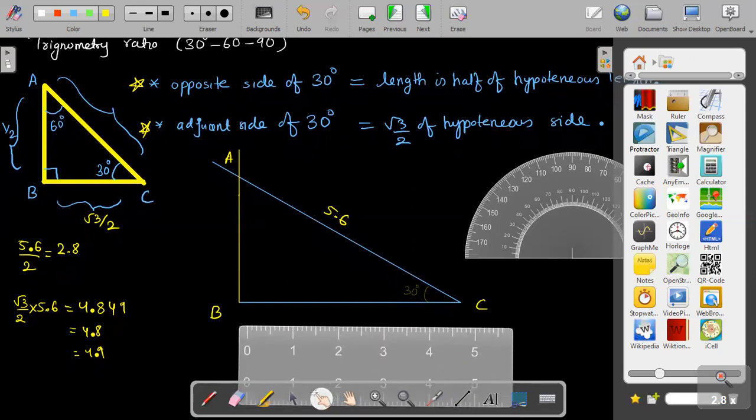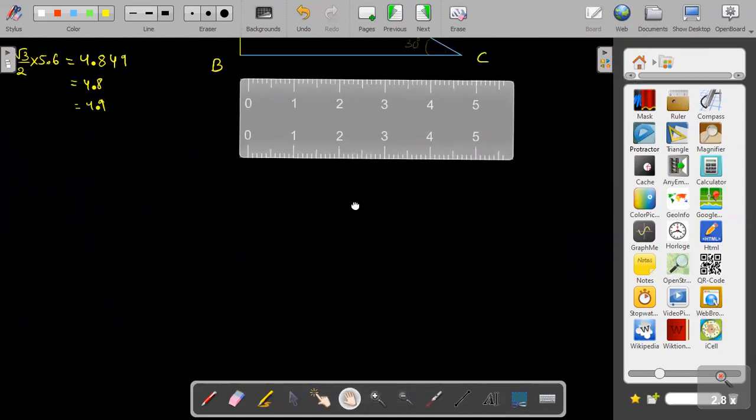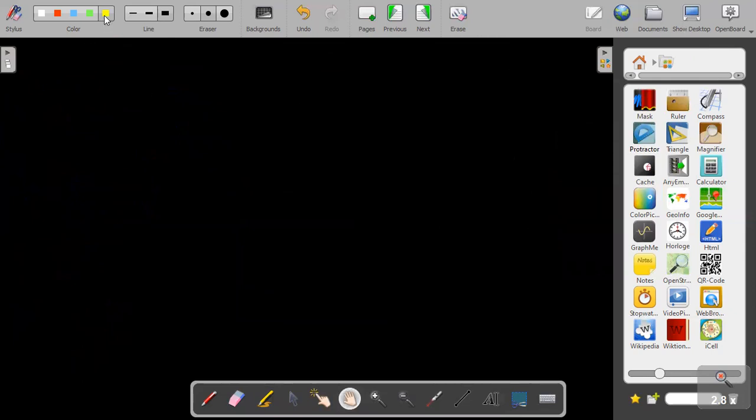दूसरे concept में here I am going to draw a triangle.